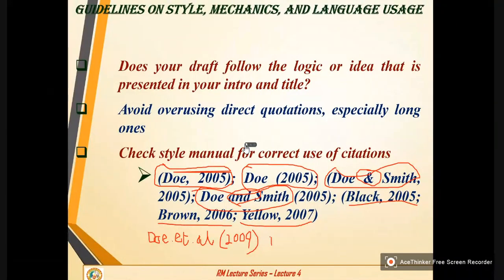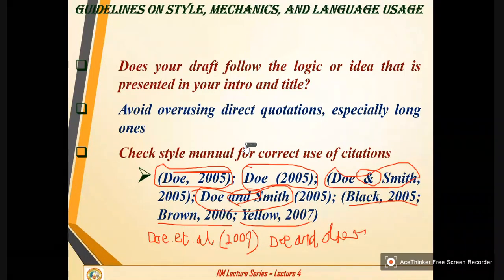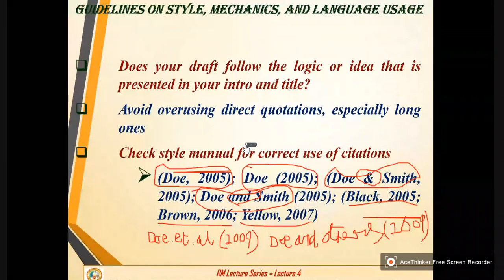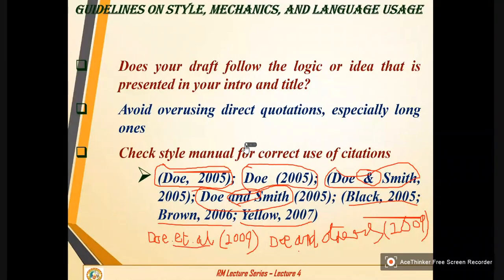You can also write like this. You can use this et al. or 'and others'. But you have to use one consistently.